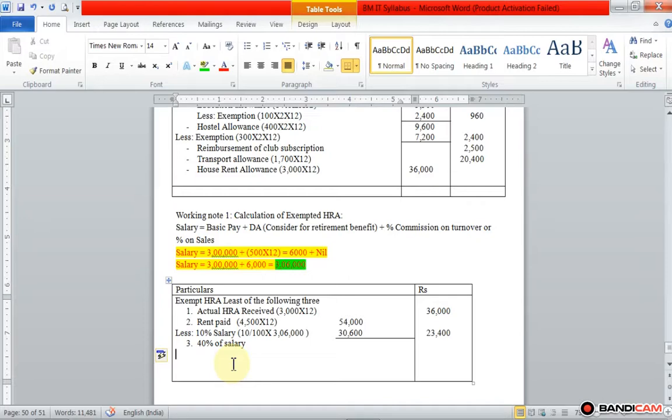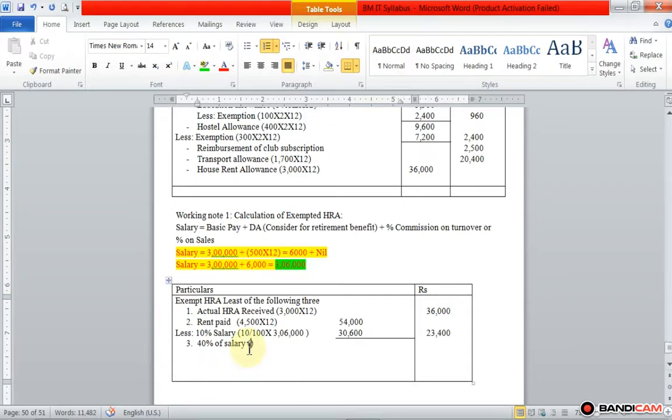And if the employee works in a metro city like Mumbai, Chennai, Kolkata, Delhi, then we take 50% of salary. Here Mrs. Jamdade works in Pune city, other than a metro city.